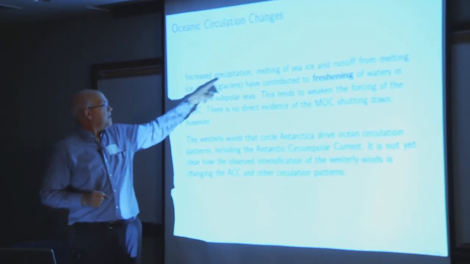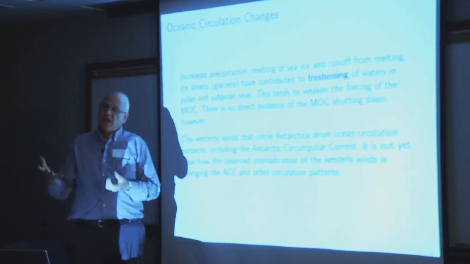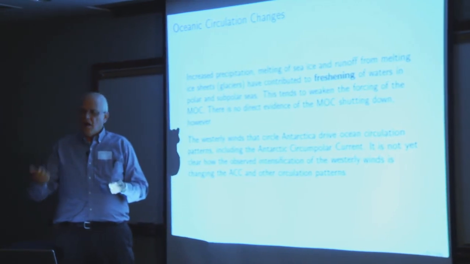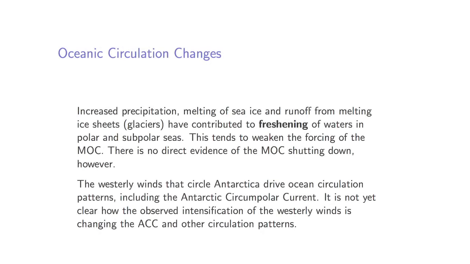Ocean circulation changes are forced by many things, including increased precipitation and melting of sea ice. The polar seas are freshening. In particular, the Atlantic Arctic Ocean is freshening because of the melting of sea ice and runoff from melting glaciers on land.